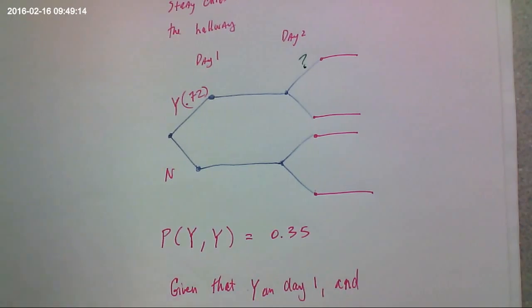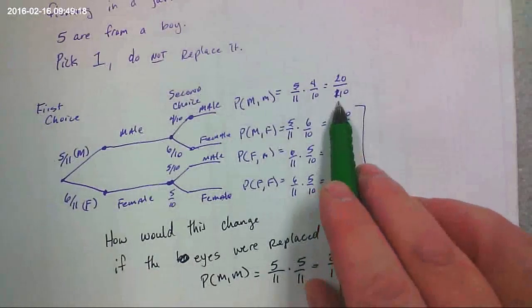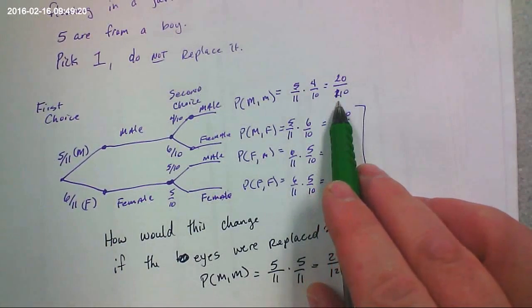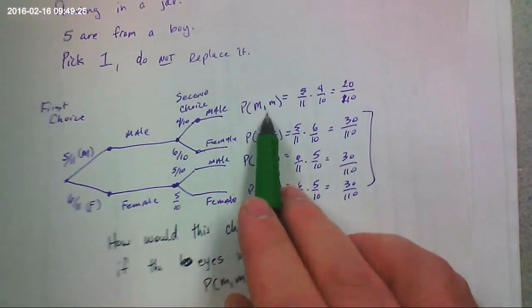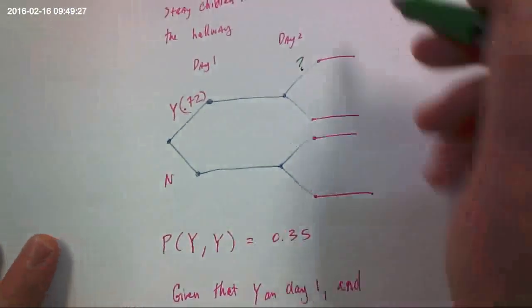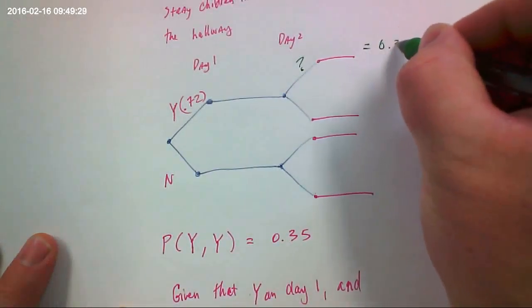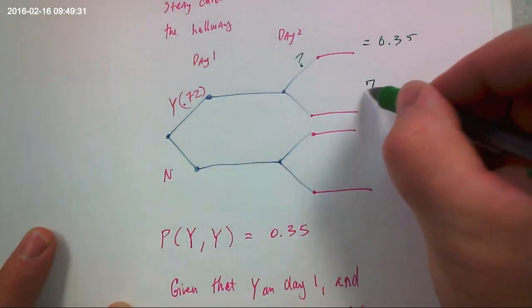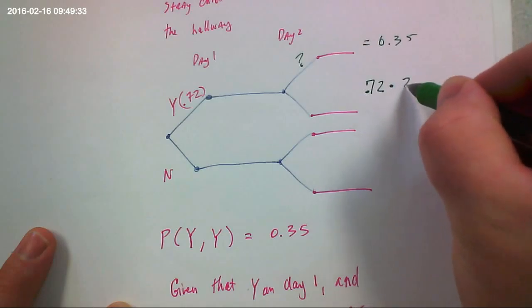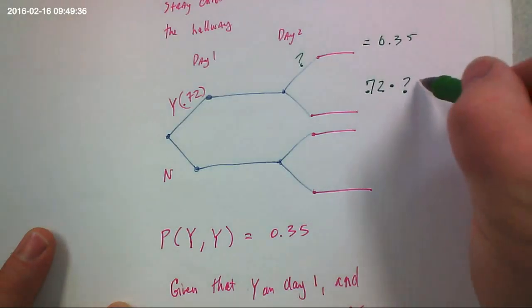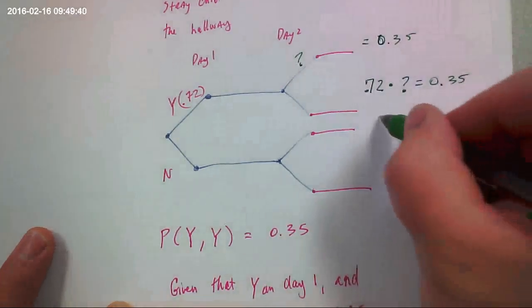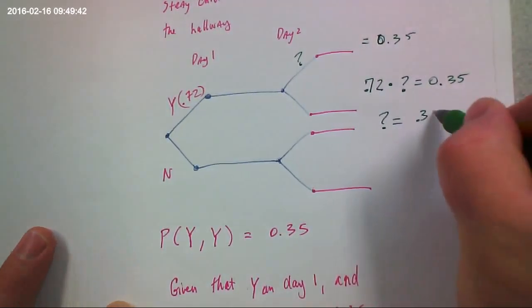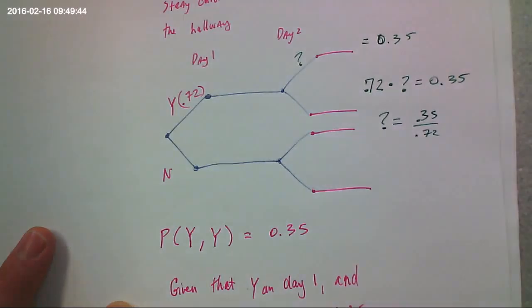Like for example, the way we figured out that this was really 20 over 110, not 210, was we multiplied this times that. You follow me? So here, the whole thing is equal to 0.35. So he says we take 0.72 times the thing we don't know equals 0.35. So the thing we don't know is 0.35 divided by 0.72.